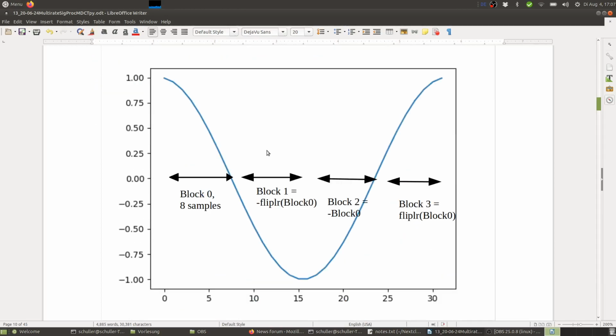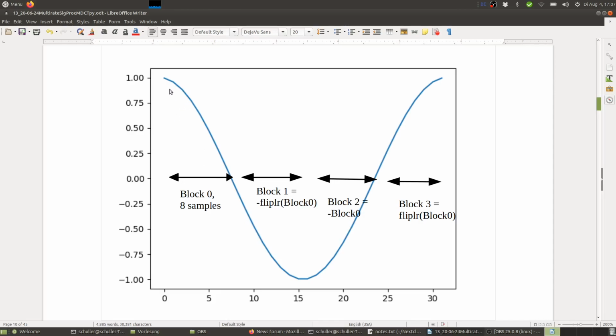Yeah, now you can take a look at the symmetries. This is the first block, so the first 8 samples consist of this slope. And then we have the next block, block 1, consists of the next 8 samples. Right? And when you compare it, this is basically this block, and then taking it negative and then flipping it from left to right.